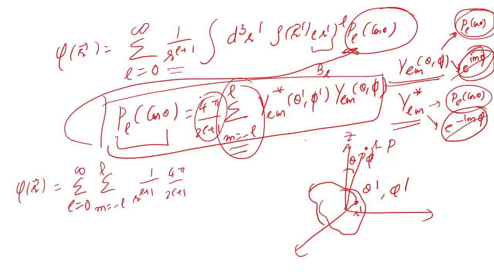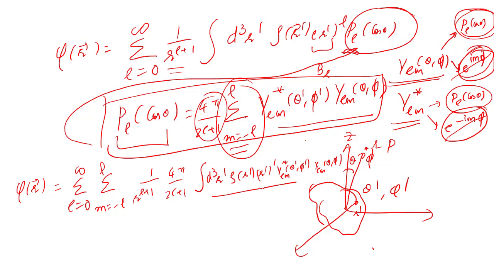Then I have here an integral, d cube r prime rho of r prime times r prime to the power l, and then I have these Y_lm star theta prime phi prime and Y_lm theta phi. So the integration is only on the primed coordinates, that is, it is over the body.